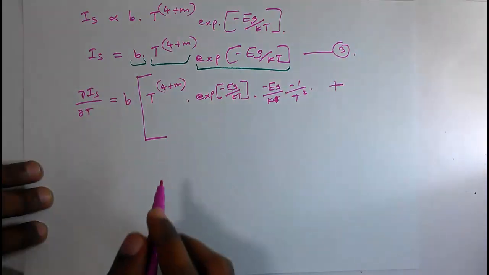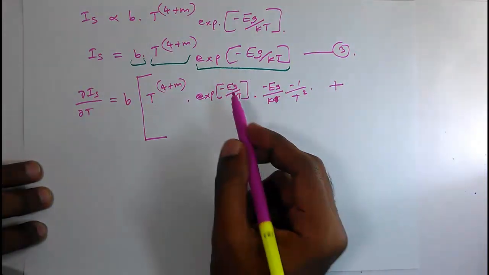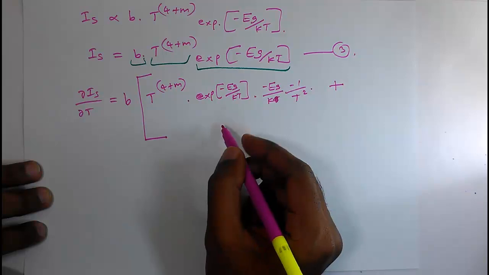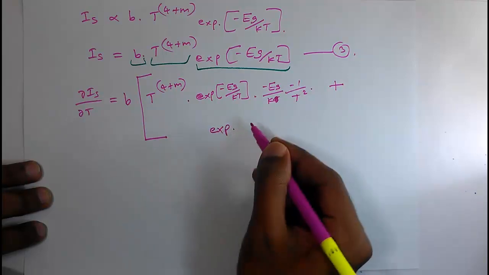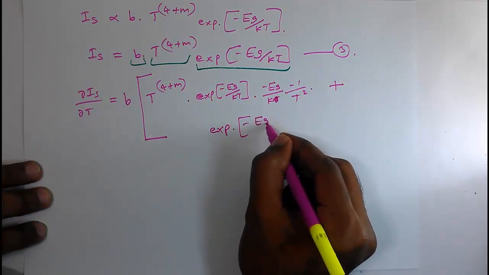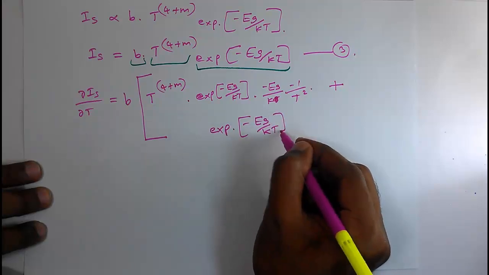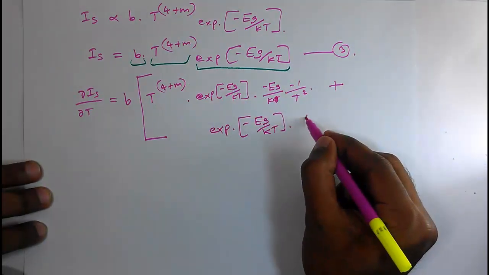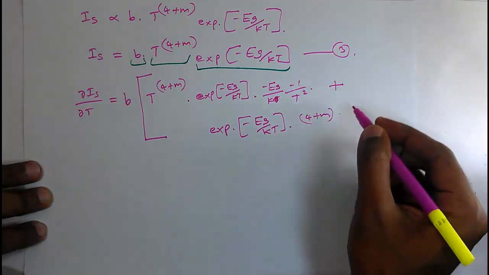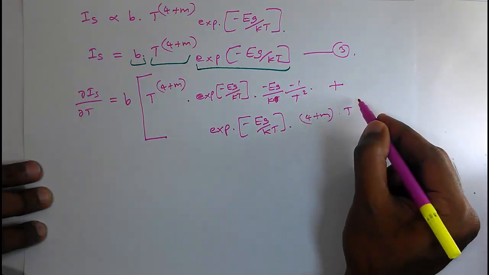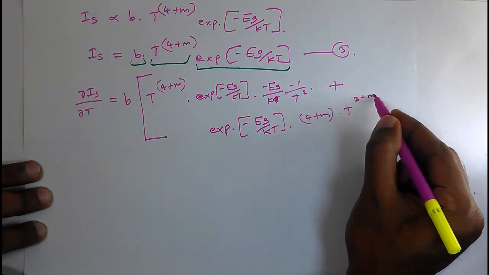plus, now I am writing the second term as it is, exponential of minus Eg by kT into differential of first. So 4 plus m into T to the power 3 plus m.